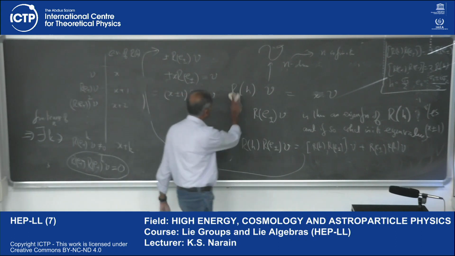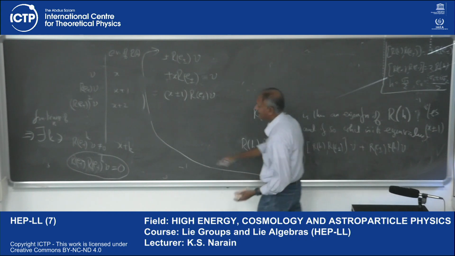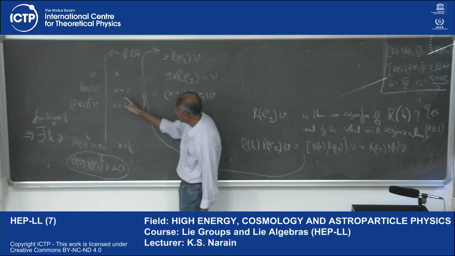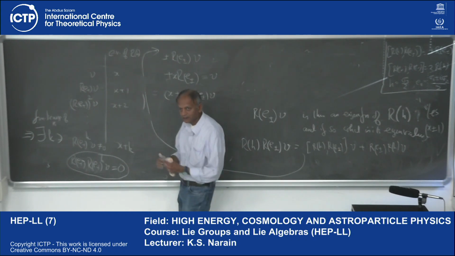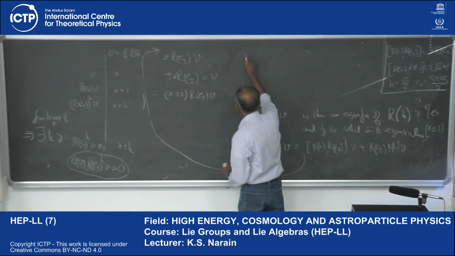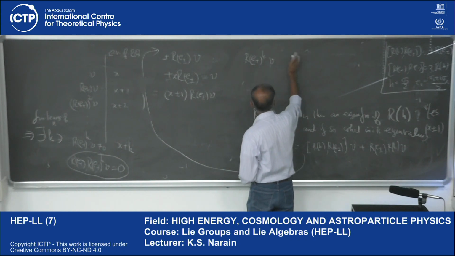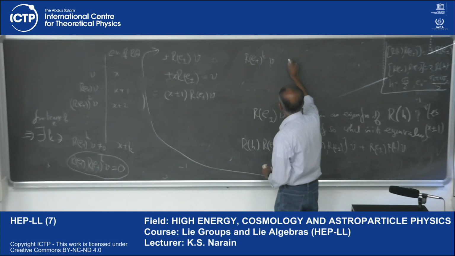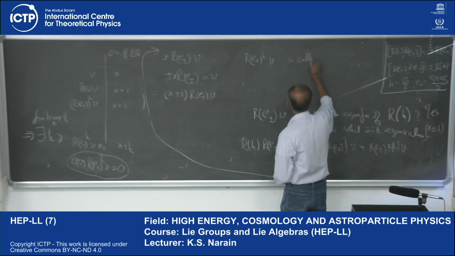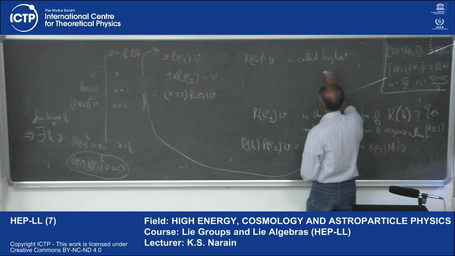So such a state is called highest weight state. Which means it has the highest eigenvalue, because this is all plus 1, plus 2, going in the positive direction. Right? So such a state is called highest weight state.